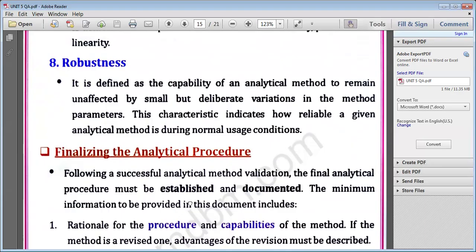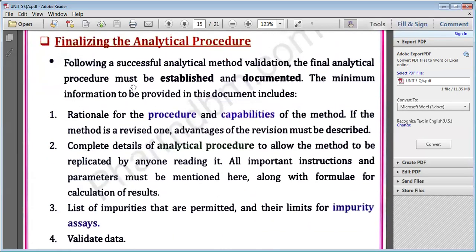So finalizing the analytical procedure: following a successful analytical method validation, the final analytical procedure must be established and documented. The minimum information to be provided in this document includes the rationale for the process and procedure and capabilities of the method. If the method is a revised one, advantages of the revision must be described. Complete details of the analytical procedure to allow the method to be replicated by anyone reading it.